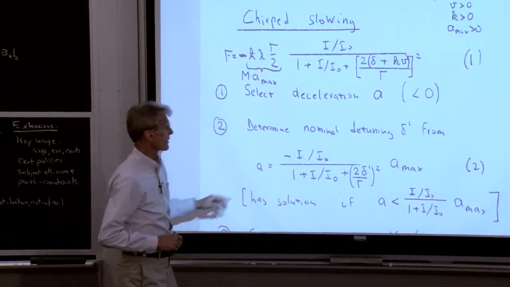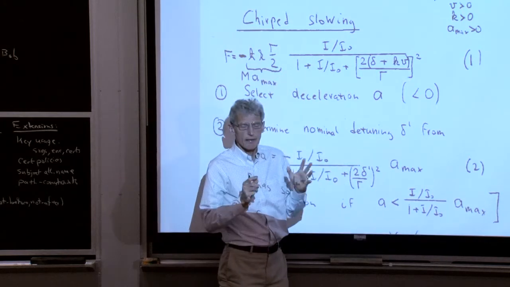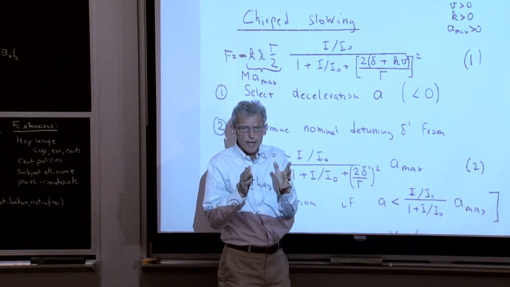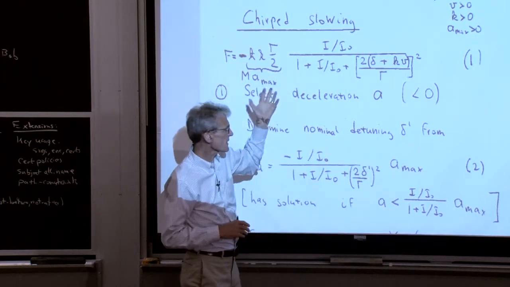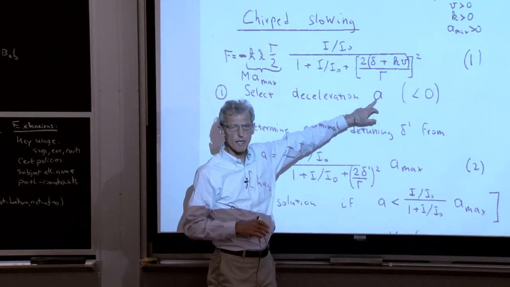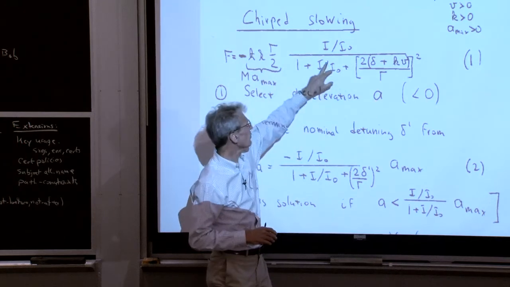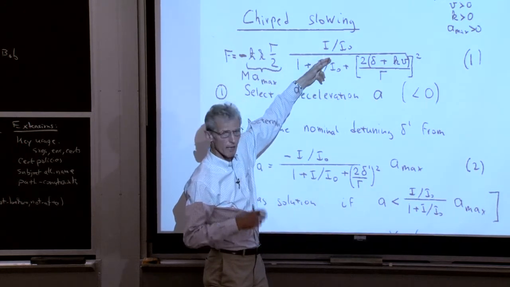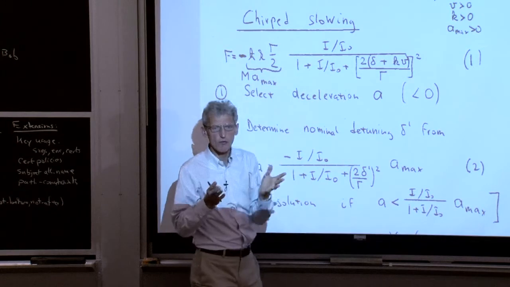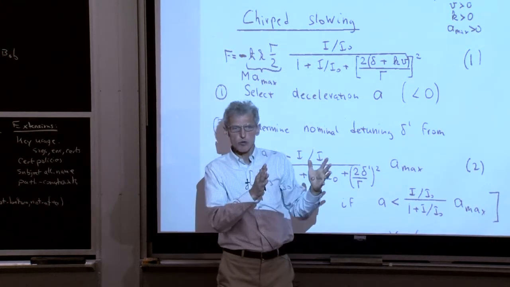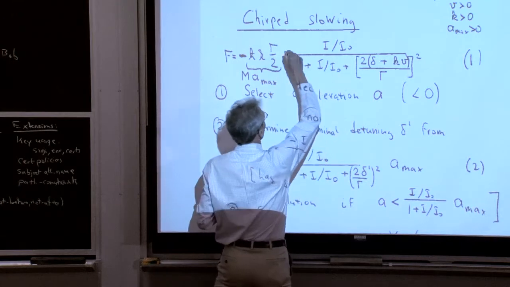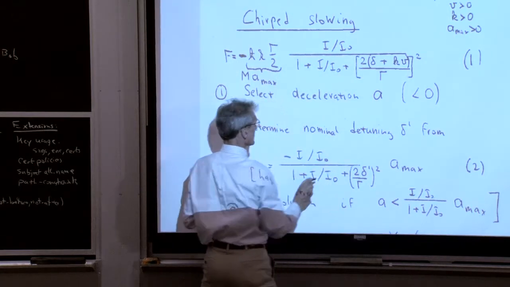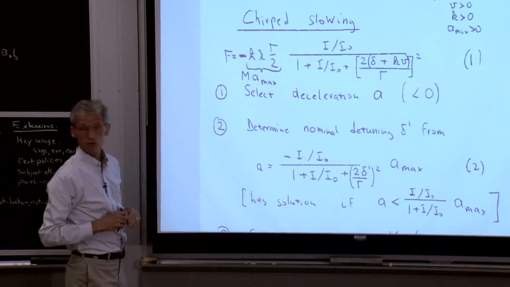In other words, this detuning, in the frame of the atoms, is on resonance when the light force is exactly providing the force to give you the acceleration A. But if you have more laser power than absolutely necessary, the atoms have to be detuned in such a way that the force with the detuning is exactly providing the acceleration we want.